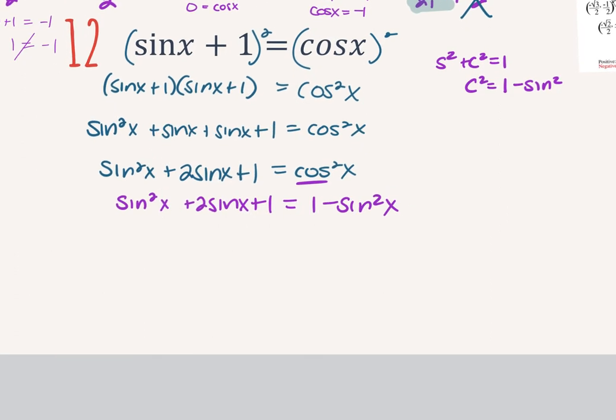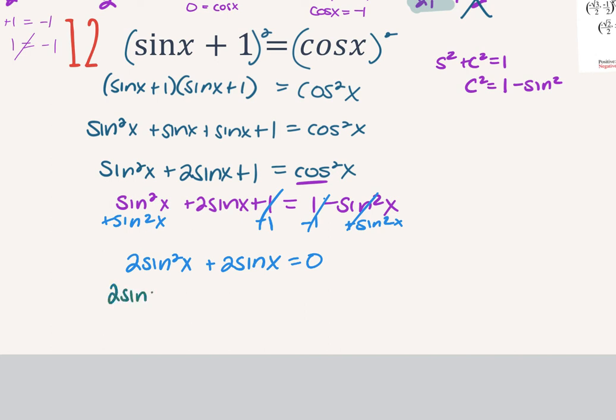I'm going to move everything to one side, so I subtract the 1 and add the sine squared x. 2 sine squared x plus 2 sine x, 1's cancel, equals 0. Take out a 2 sine, and I get sine x plus 1 equals 0.